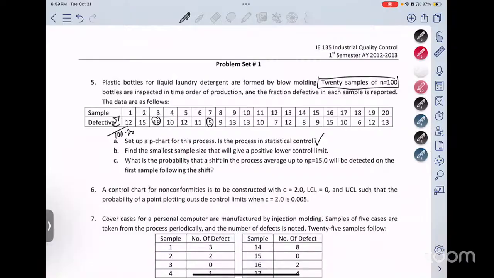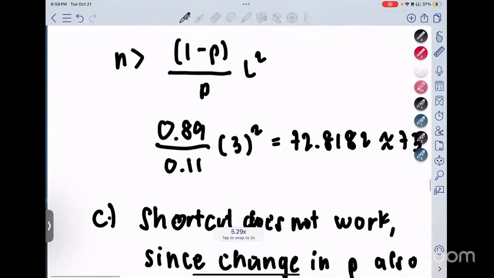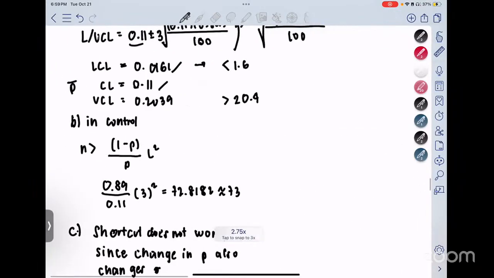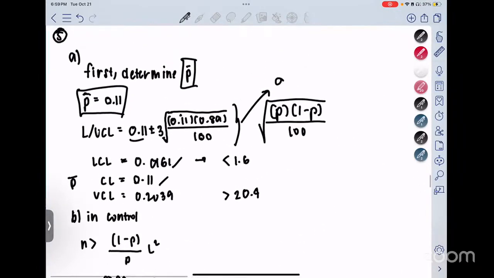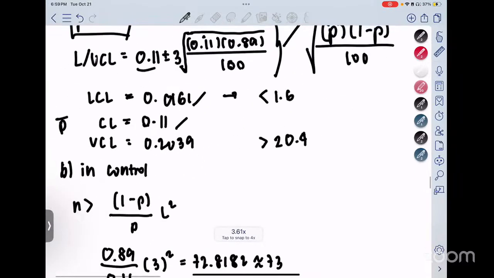For the smallest sample size, it will give a positive lower control limit. Essentially, this is just the formula for it. The derivation for it, I believe, is just you get the probability. So for the LCL, it is given by P minus 3 square root of P(1 minus P)/n.